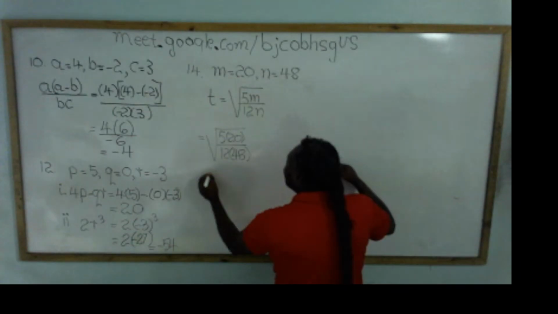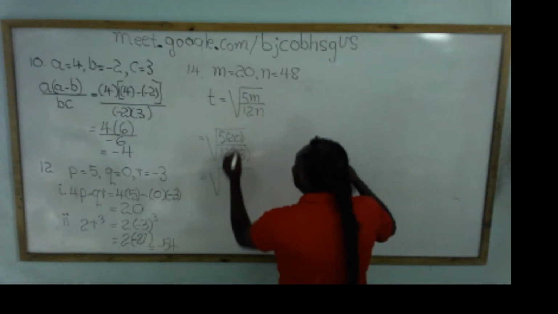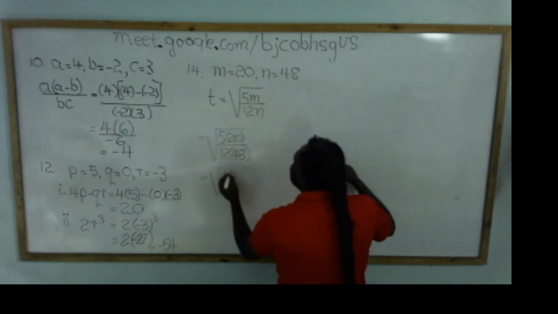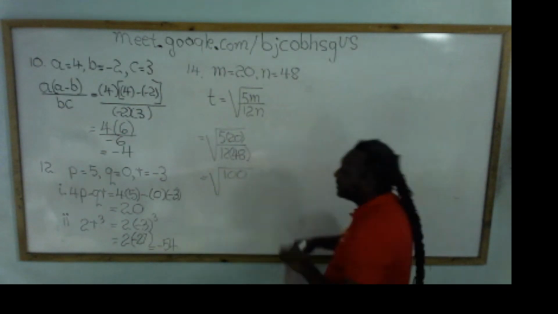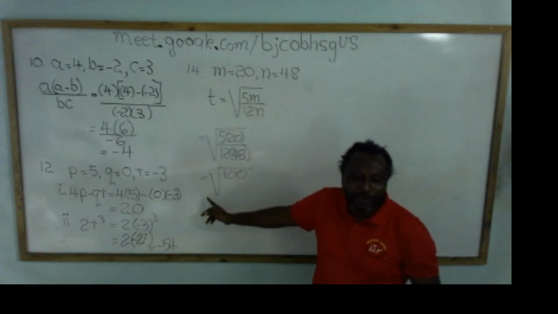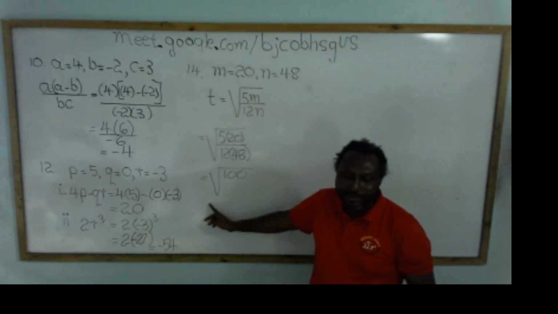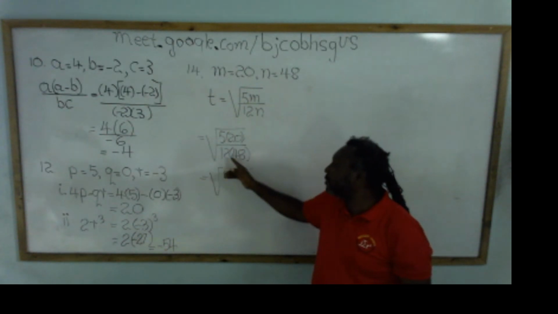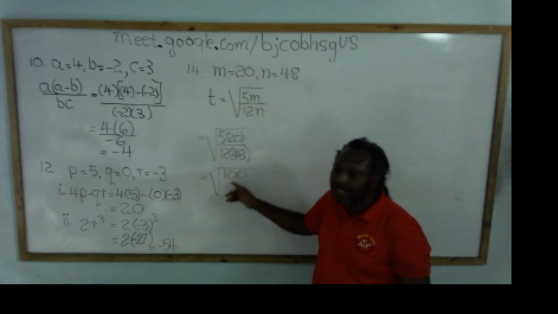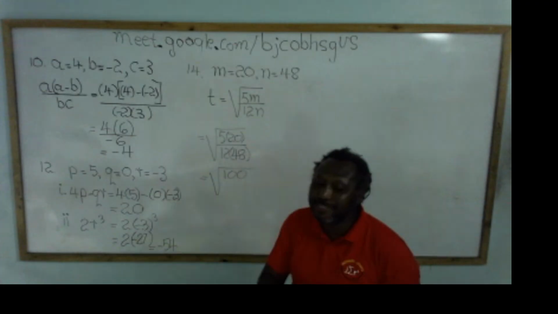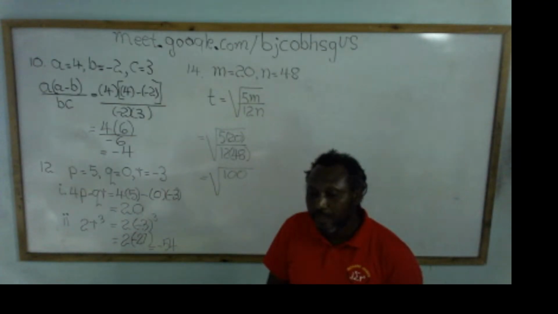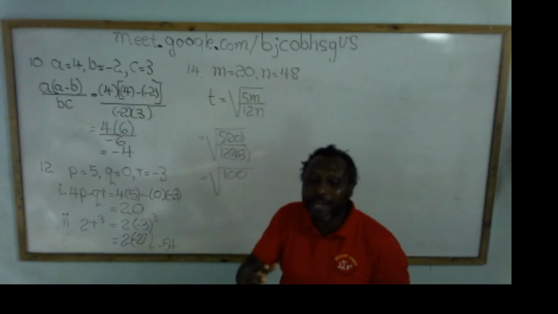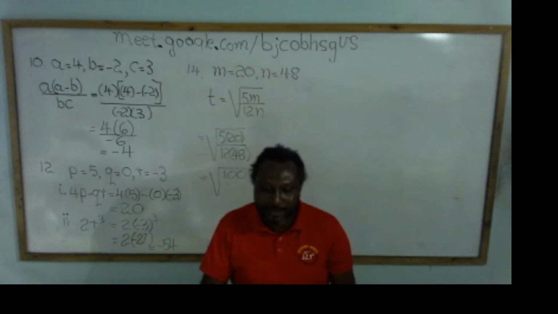Now students, you're going to see very quickly that 5 times 20 is 100. And of course, you know that we can find the square root of 100 quite easily. But the square root of 12 times 48 should be a simple result also. So what you could do with 12 times 48, you could write it in double factors.